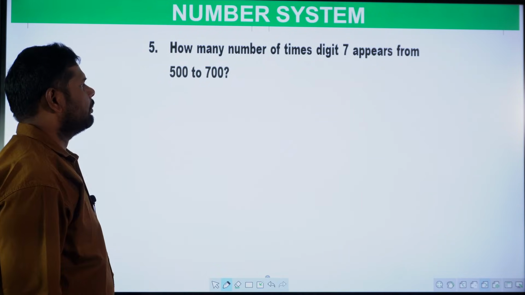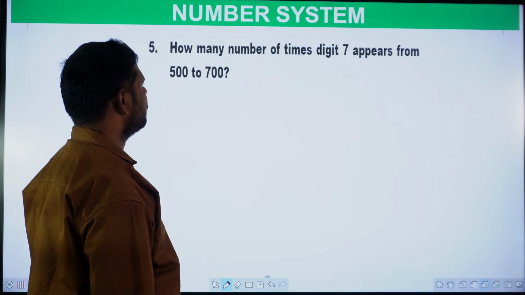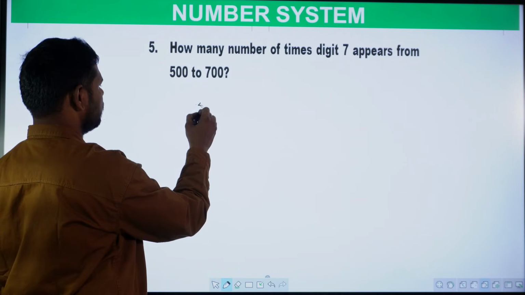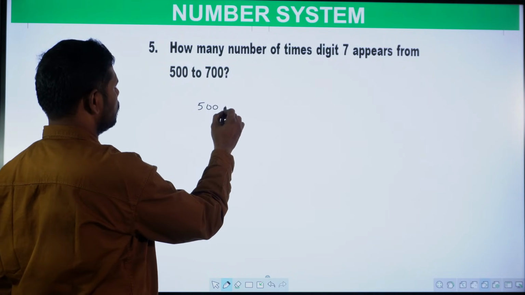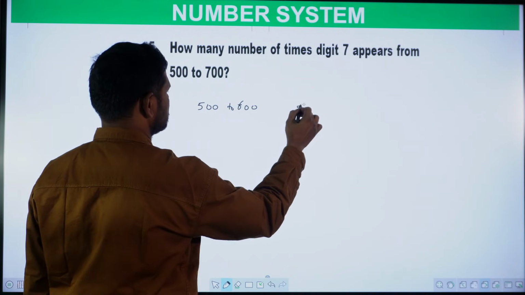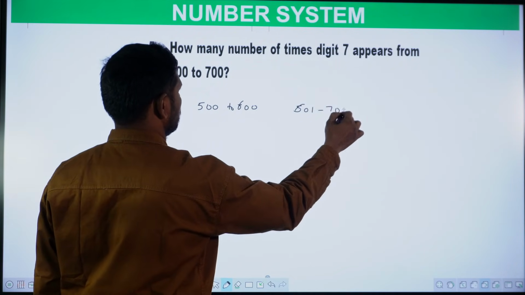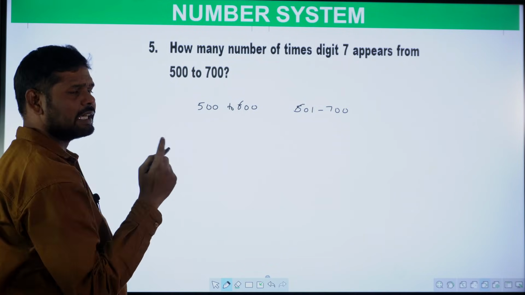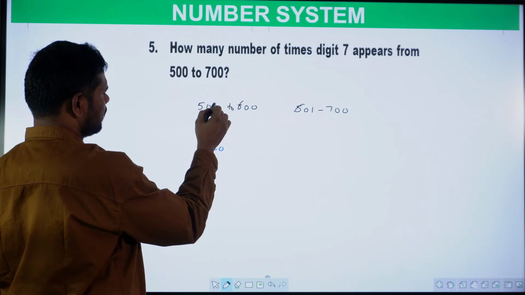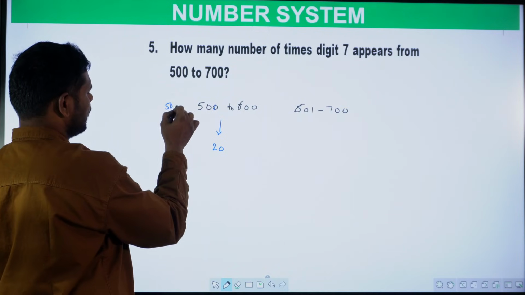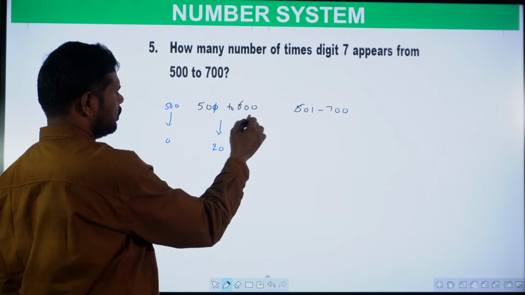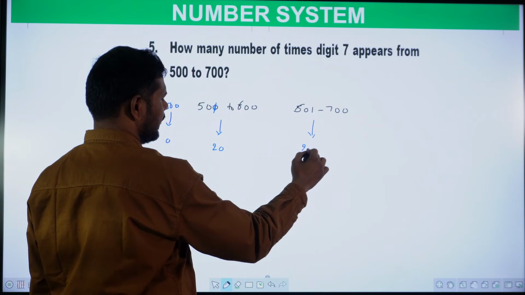How many times does digit 7 appear from 500 to 700? Similarly, write 500 to 600 and 601 to 700. In each 100, how many sevens are there? Here 20. We write from 501, but in 500 there is no 7. So 501 to 600, 601 to 700 actually.